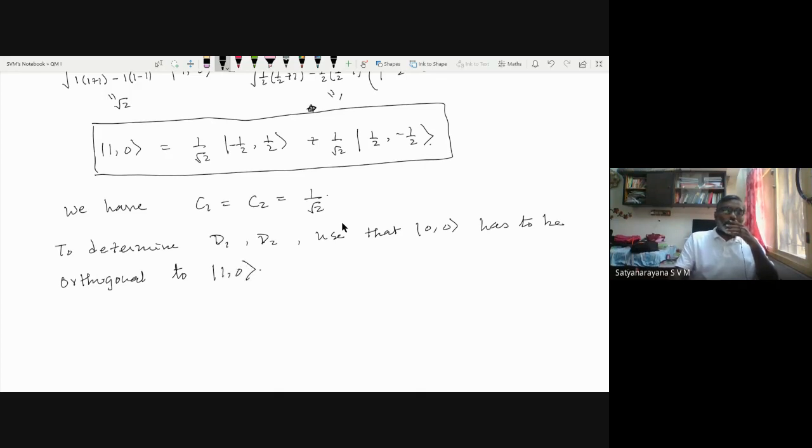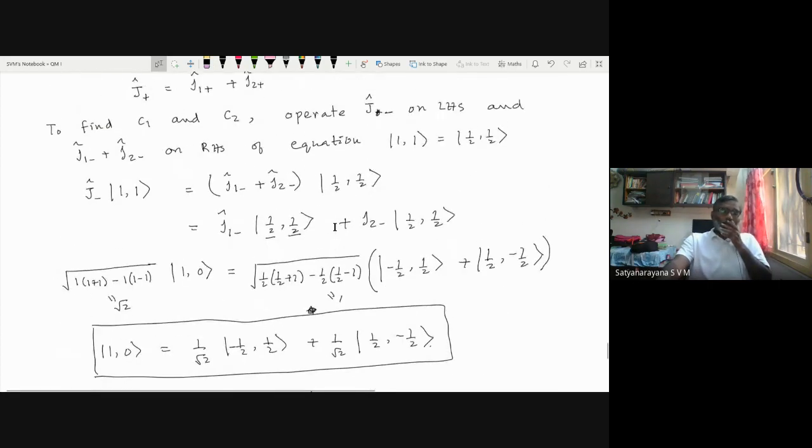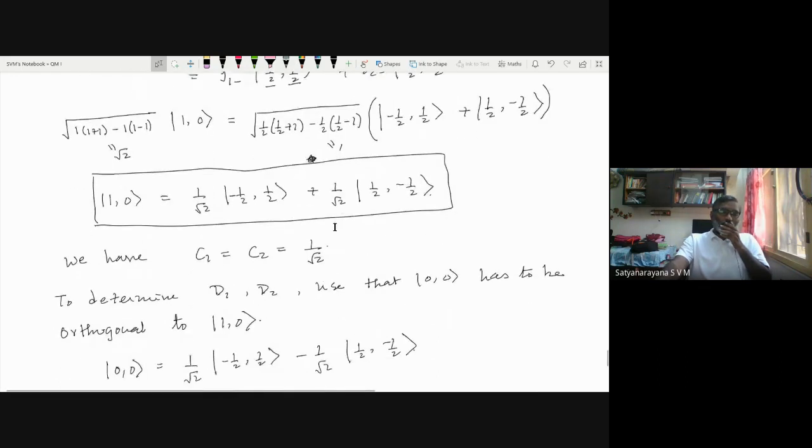Okay, so if it has to be orthogonal to 1, 0, I think without doing any work, by simple inspection, you can show that this 0, 0 has to be equal to 1 by root 2 times minus half, half, minus 1 by root 2 times half, minus half. Okay, when you take it like this, coefficients, this will become orthogonal to that. So we have solved all the Clebsch coefficients. We have represented every state in JM basis in terms of M1, M2 basis.